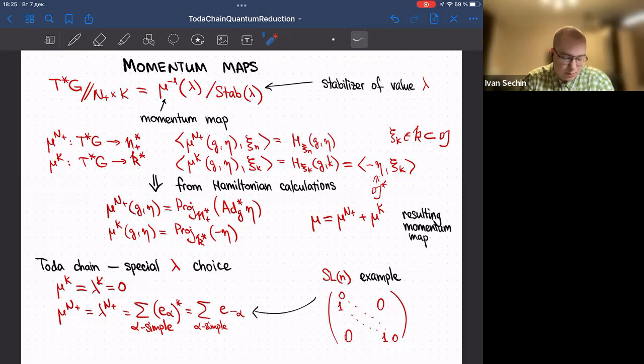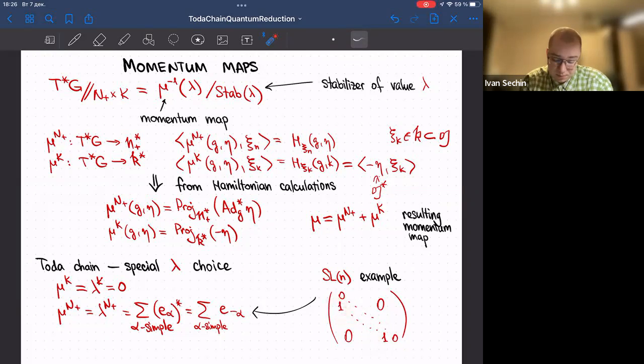And the way is to choose 0 momentum for the K action, and for the N plus action, if we can use any, for SLN, for example, we can use any matrix with non-zero elements below the diagonal, but we fix momentum in such a way that we have non-zero elements only in the first diagonal below the diagonal, and all these elements are just ones.